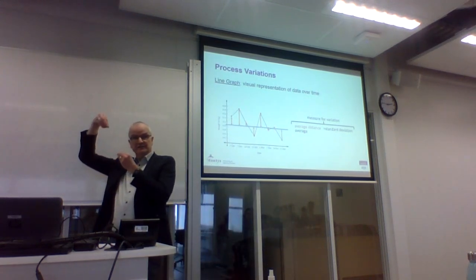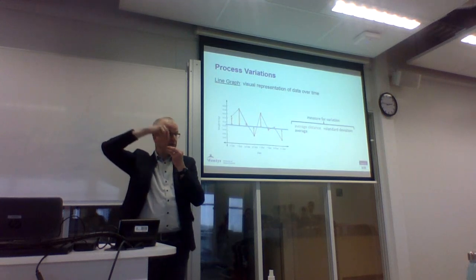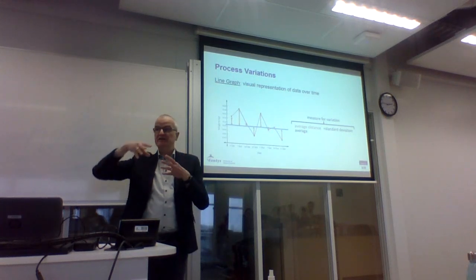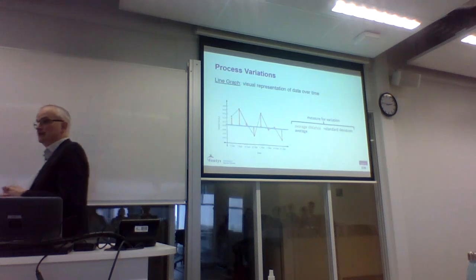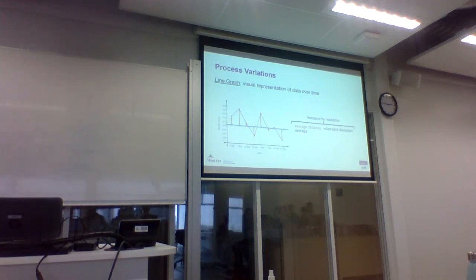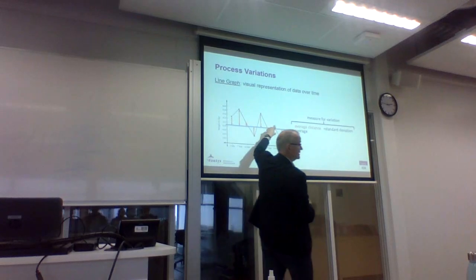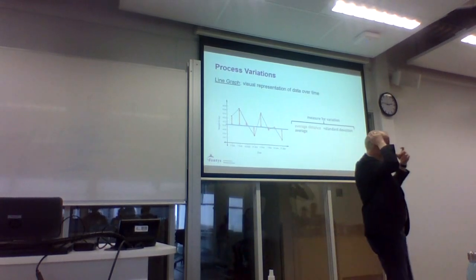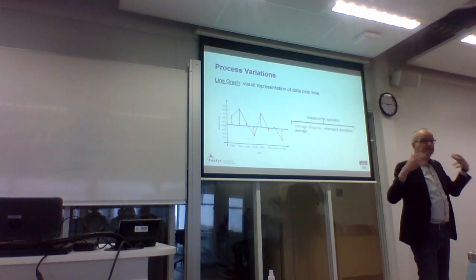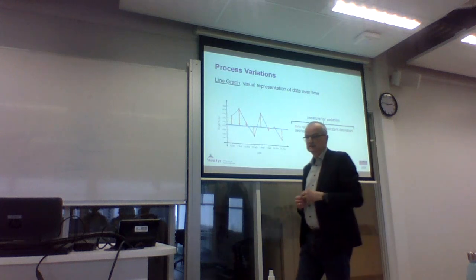So the average distance of those dots to the average is a measure for how variable my process is. Make sense? So in this case, look at the orange arrows, and I simply calculate how long these arrows are and calculate the average of the length of the arrows, and that gives me an idea of how much variation I have.